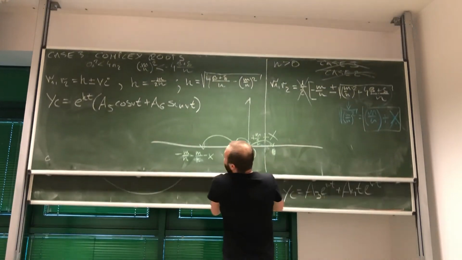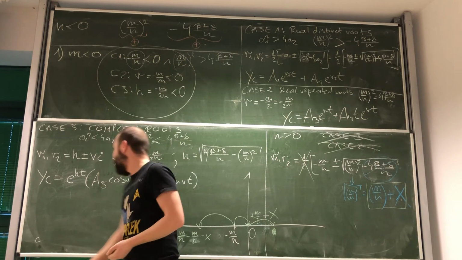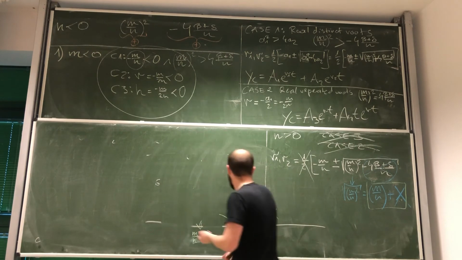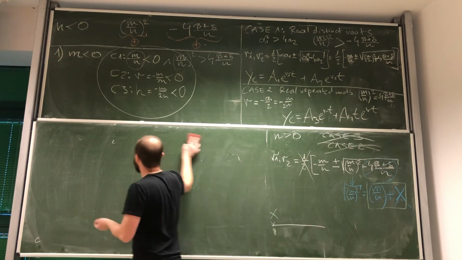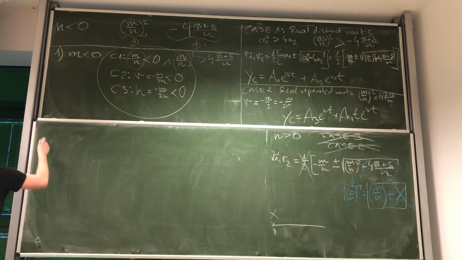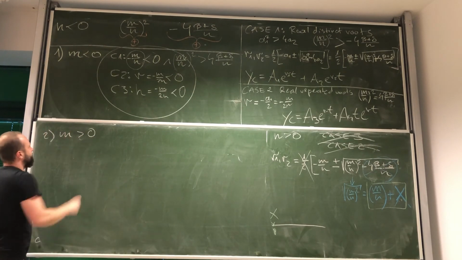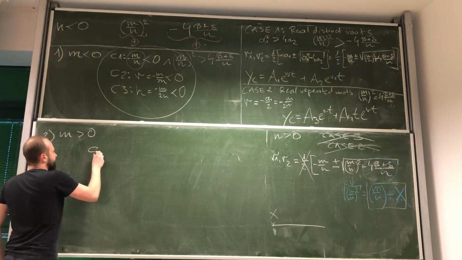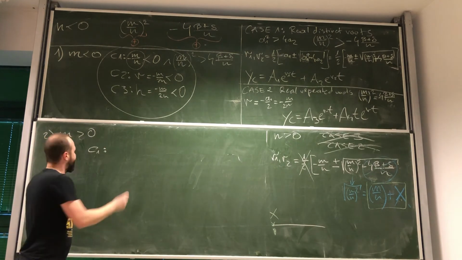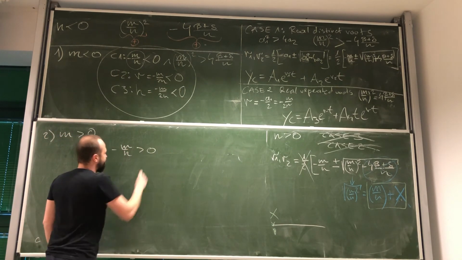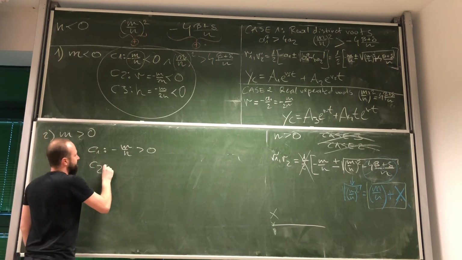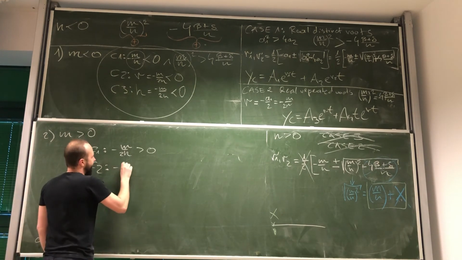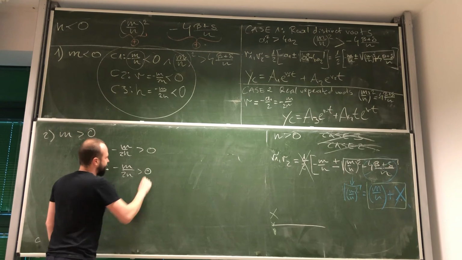Okay, and of course, the last case that we've got over here is the case where m is positive. But look, if m is positive, we can still have three cases. However, look, in case of C1, negative m over n is bigger than 0. In case 2, negative m over 2n is bigger than 0.